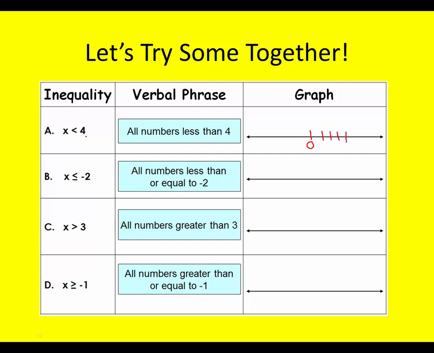Okay, so since I'm going to plot that x is less than 4 on my number line, I'm just going to go to 4. Okay, you can finish the whole number line if you want to for your examples, just to be a little bit better than I am right now, but I just want to show you these examples quickly so that you guys can get started on your homework and classwork.